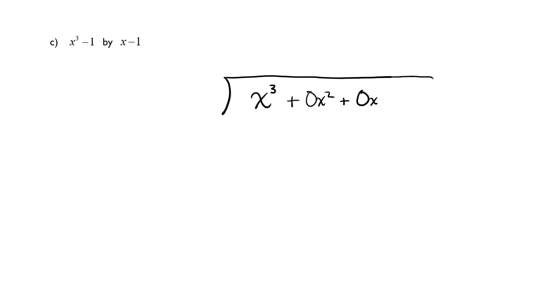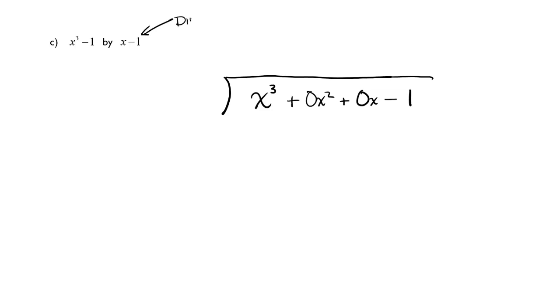I particularly like this one because it's missing so many terms. We have an x cubed minus 1. So we're missing an x squared, so we'll say plus 0x squared. We're missing an x if we go in descending order of exponents. And then we have a minus 1.